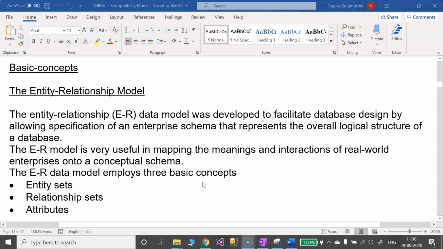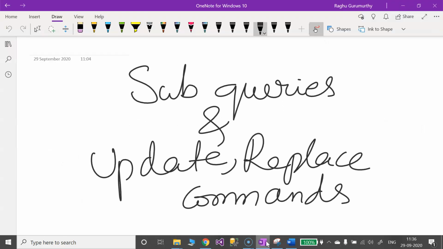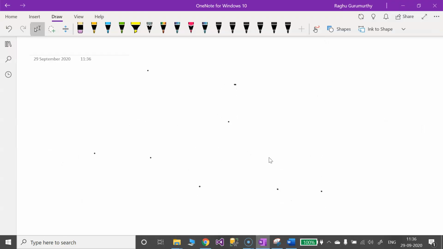Before going to the actual topic, we need to know what exactly an entity means. For that we need to do some board work. What do you mean by entity? What exactly does it mean?